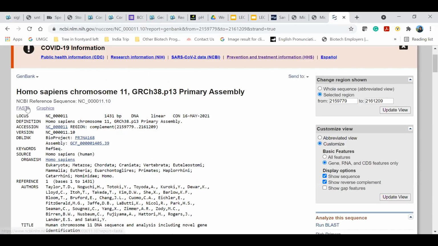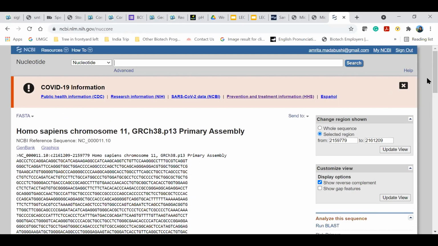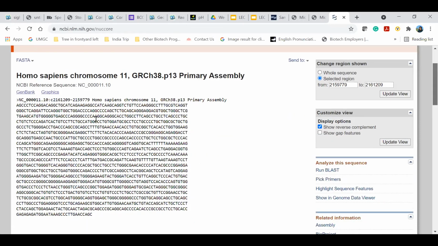Just for your information, this is how people study. When you talk about bioinformatics, this is a real part of chromosome 11, which encodes for something specific. It's just one region, and you can see it's a very big region.